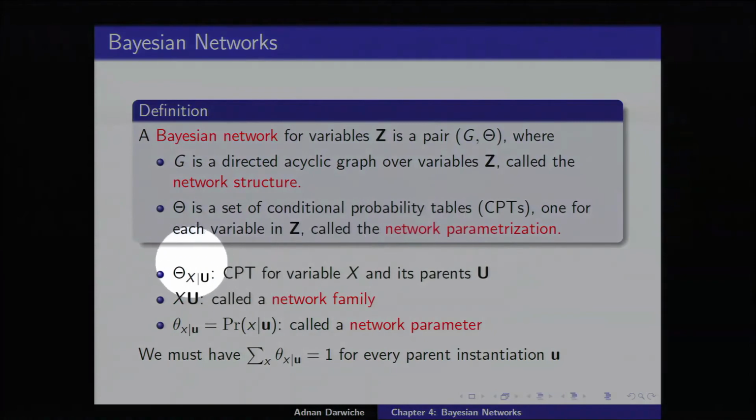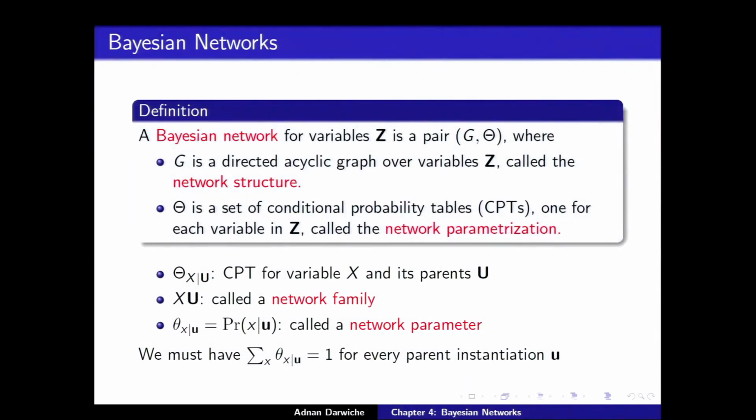We will use this to refer to the CPT for a variable X and its parents, right? X is a variable in the network, and bold big U is its parents. X and its parents is called the network family, a term that we're going to use more later. And sometimes this probability is denoted by this, and we call this a network parameter.